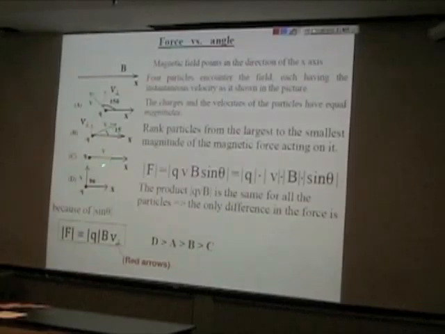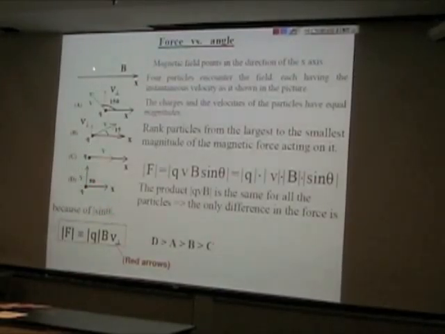So the actual velocity is shown by a green arrow, and the red arrow represents the component of the velocity perpendicular to the magnetic field. The larger the component is, the stronger the force for the same particle in the same field. This is how the force depends on the angle.